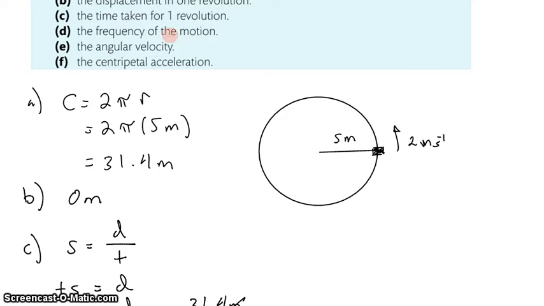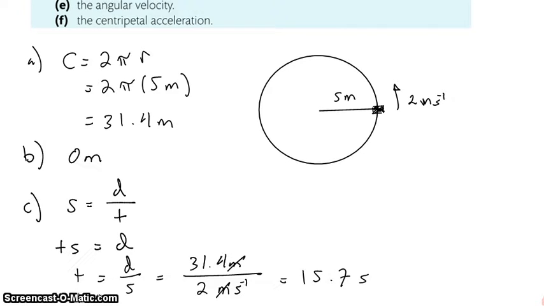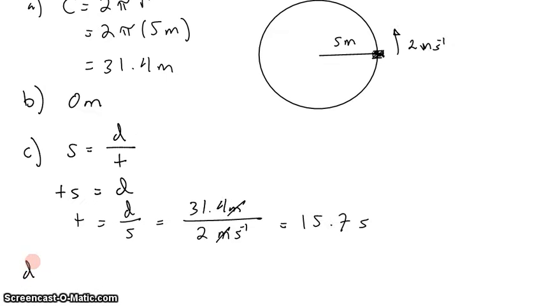Part D asks us for the frequency of the motion. Well, the frequency is very closely related to the time taken for one complete revolution, which is what we found in part C. The frequency is the number of complete rotations per second, whereas the time taken for one complete revolution is the number of seconds per complete revolution. They're opposites. Frequency is rotations per second, and period is seconds per rotation.